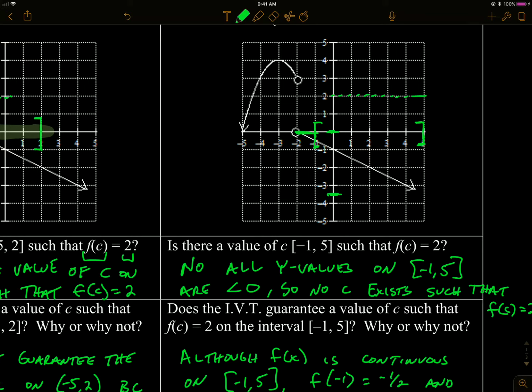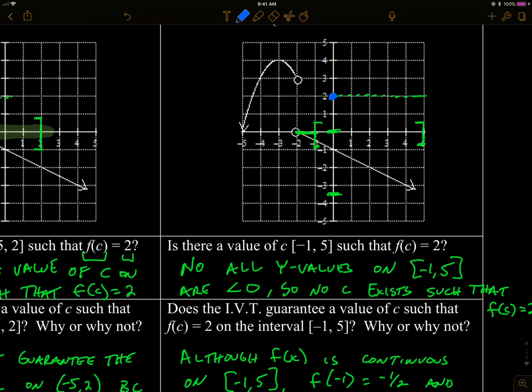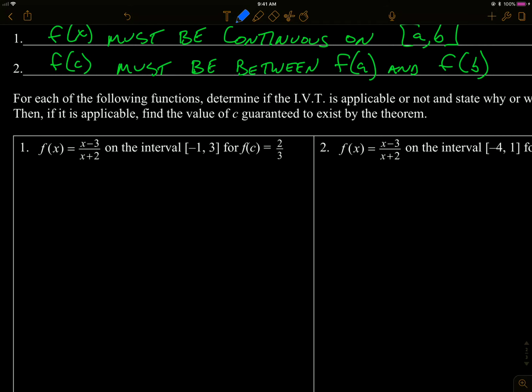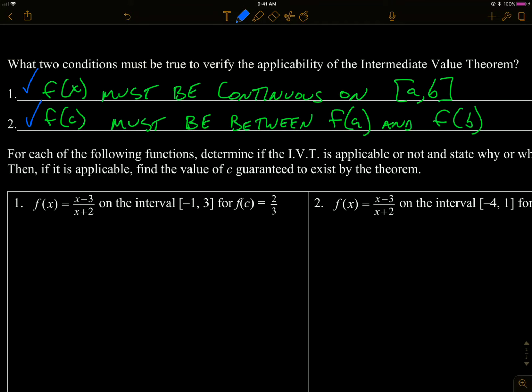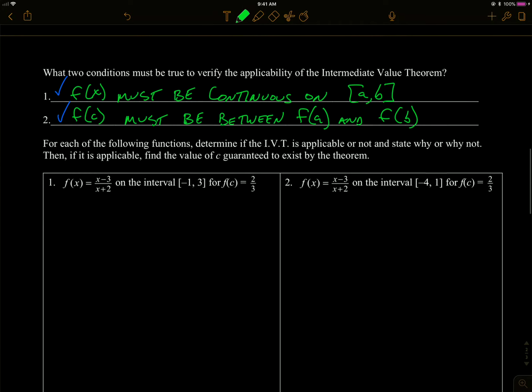These are the y values of our endpoints, and our desired y value, I'm going to pick a different color, is up here. It's not between the two y's. So that's the second criteria. If these two things are true, then IVT guarantees that the x value for our desired y value has to be on our interval from a to b. That's what's happening here.